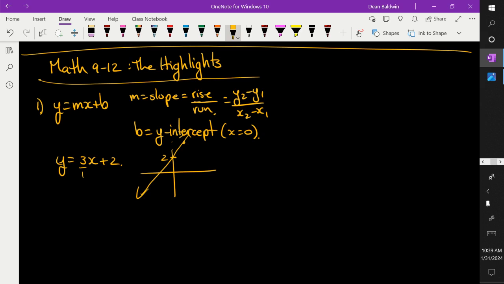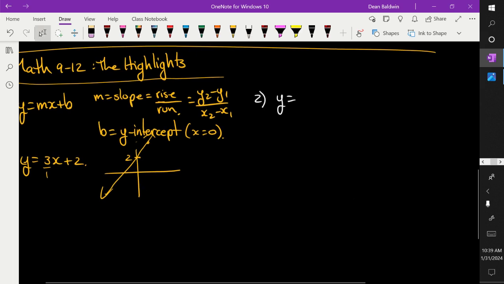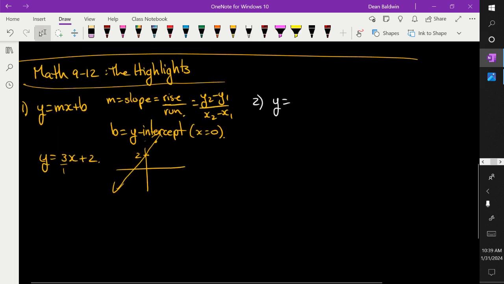All right. Then you moved on to grade 11. What was grade 11 all about? Quadratics. So there's a few different ways to write quadratics. We have this, x squared plus 3x plus 2.